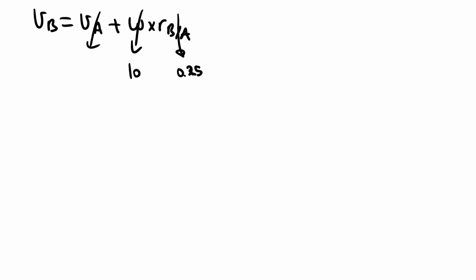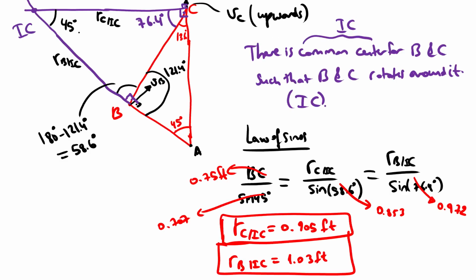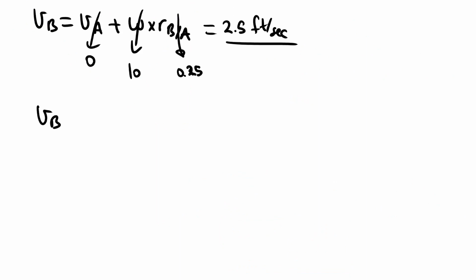The velocity of A is 0 because it doesn't move. So it will be 2.5 feet per second. That's the velocity of B, with respect to A.